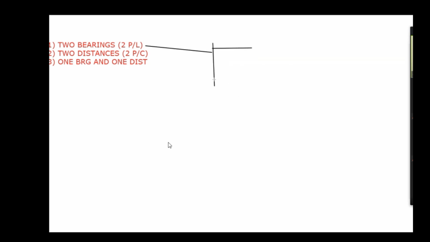The other one you get by celestial observation: sun, moon, star, anything. Terrestrial means a shore object, and the other is celestial observation. Celestial observation means a heavenly body.